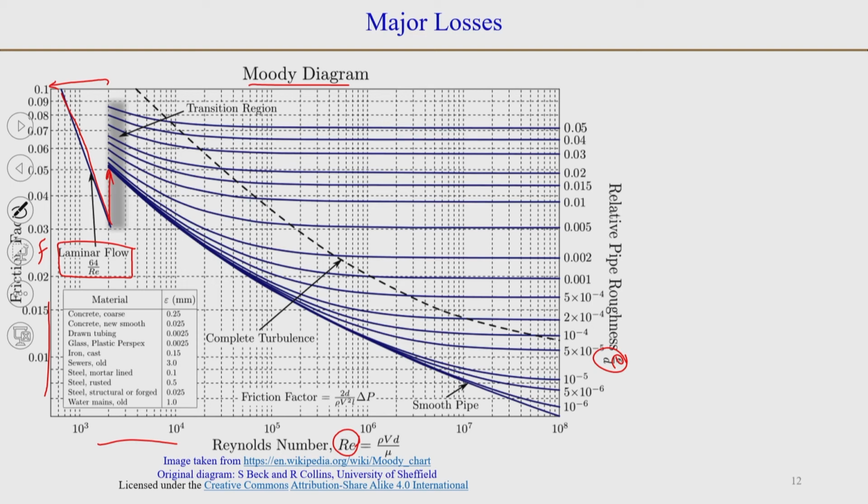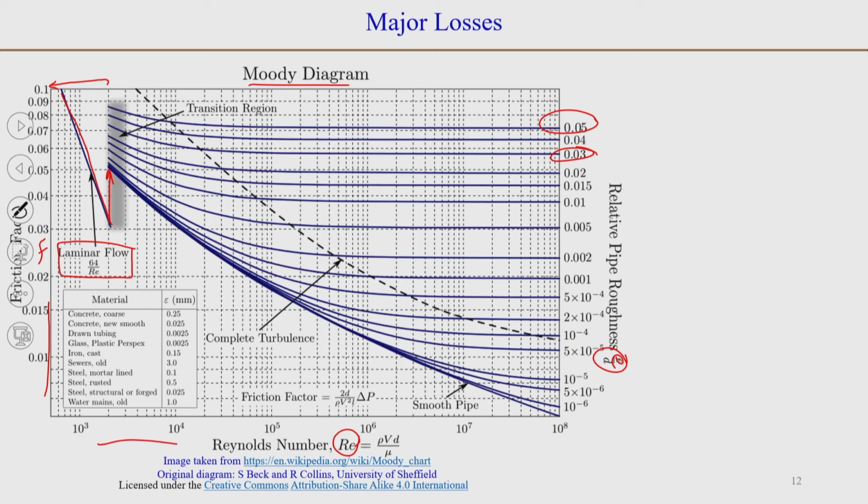Now, with the increase in Reynolds number in the turbulent regime, there are different lines, and you have the relative pipe roughness or E by d values given here. So, depending on the roughness factor, you will need to follow different curves. You can see that at higher values of roughness, the friction factor becomes independent of Reynolds number very early.